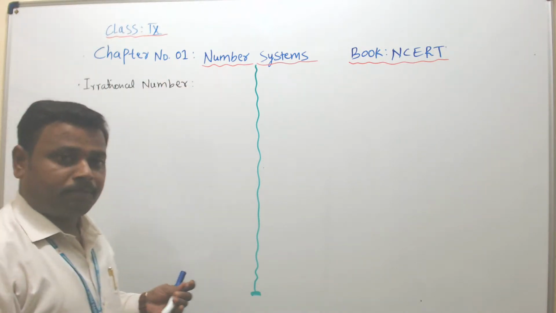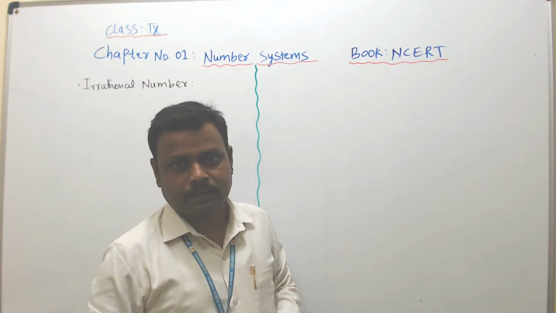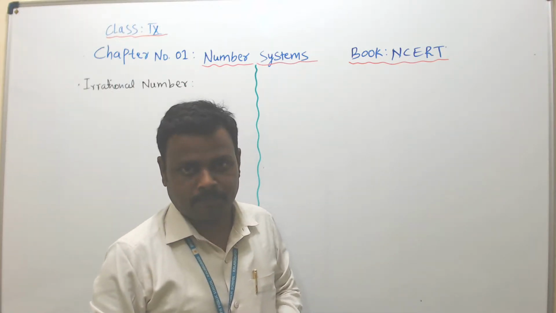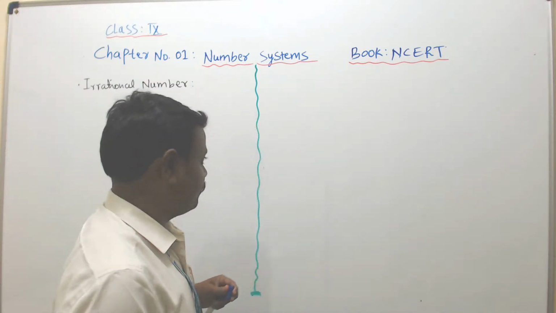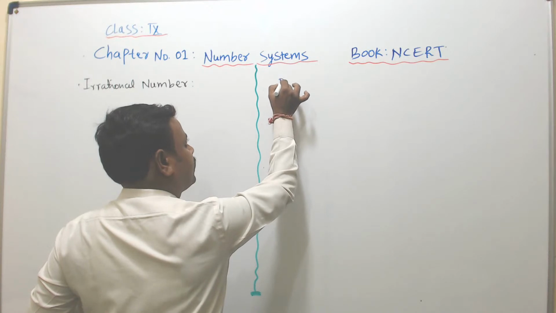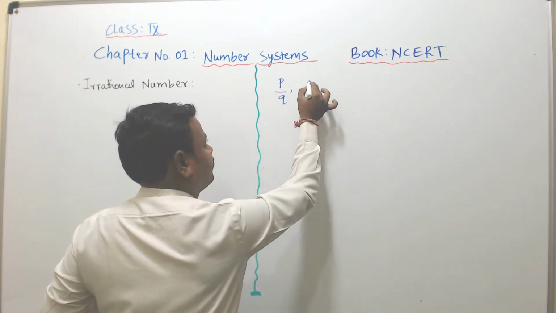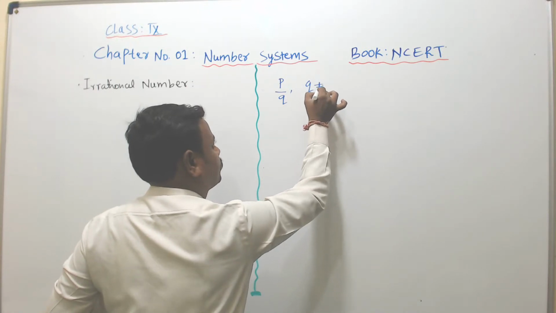Before going to the irrational number definition, let us revise the definition of rational number first. A number which can be written in the form of p by q, where p and q are integers and q is not equal to 0.